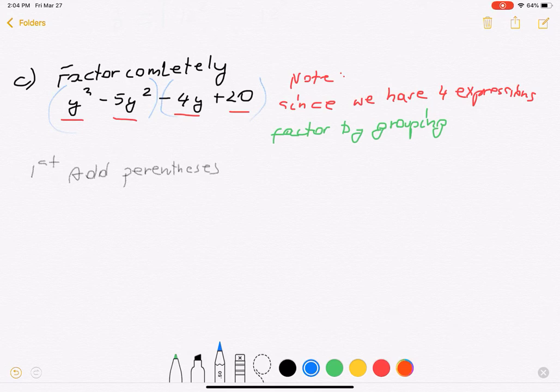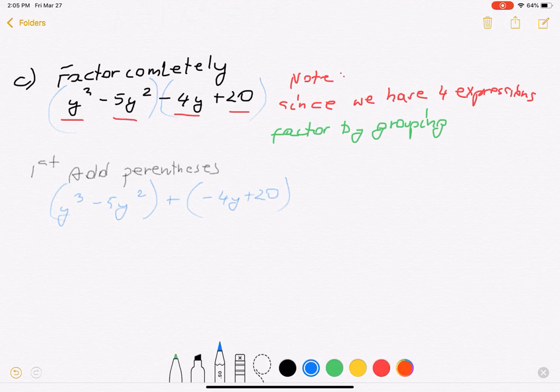So I'm going to rewrite that with parentheses. y to the third power minus 5y squared. Again, we're not changing anything, we're just adding parentheses and putting plus, to make sure that you see that we don't have a product. This is plus parenthesis negative 4y plus 20. You can always add parentheses. That won't change anything in your original equation.